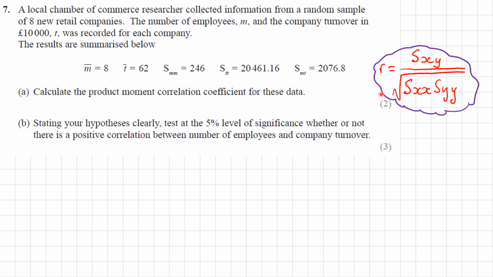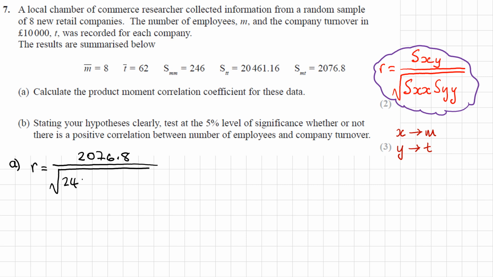So this is the formula here that we would use to find the PMCC, R. The formula has X and Y, we've got M and T, so what we're going to do is to take the X's in the formula, replace them with M, and the Y's in the formula, replace those with T. So that means that the value of R is going to be equal to SXY, which is SMT in our case, 2076.8 divided by the square root of SXX, which is SMM, 246, times SYY, which is STT, and that's 20,416.16.